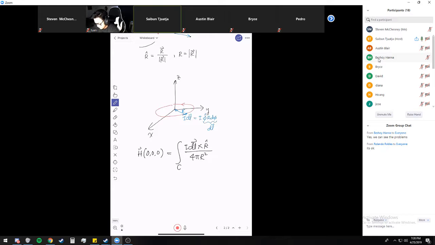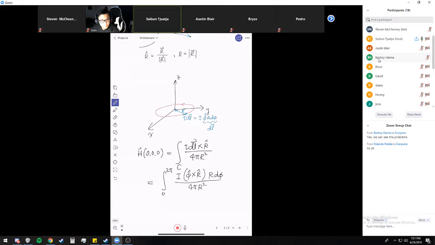All right, so now if I change this into phi dependency, I end up with the integration over phi from 0 to 2 pi, I dl becomes phi hat cross r hat, and then I have r d phi, and this whole thing is divided by 4 pi r squared, correct?